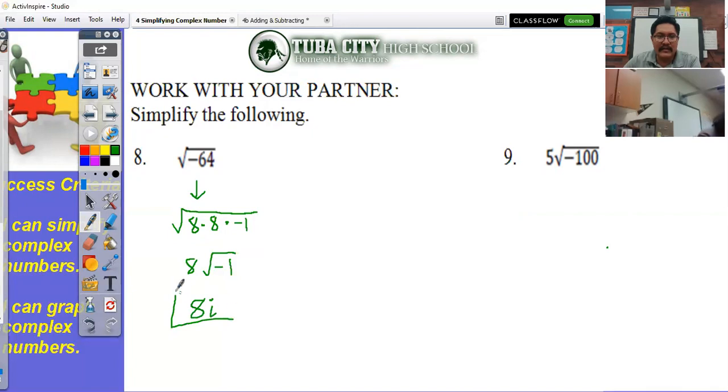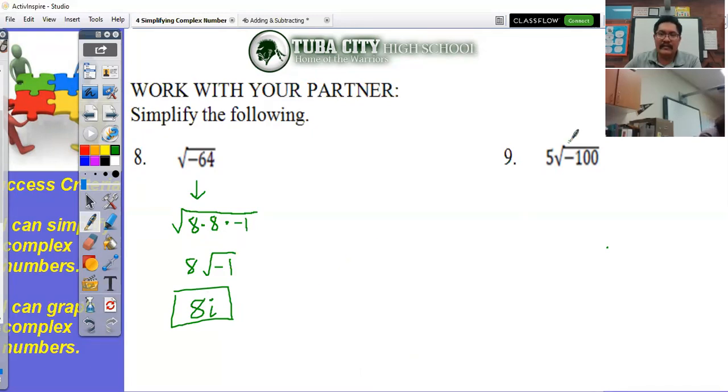We put that little cursive i on there because it's a special variable, and most of the time when you see the i, it means imaginary number. And there we go, we're done with that one.